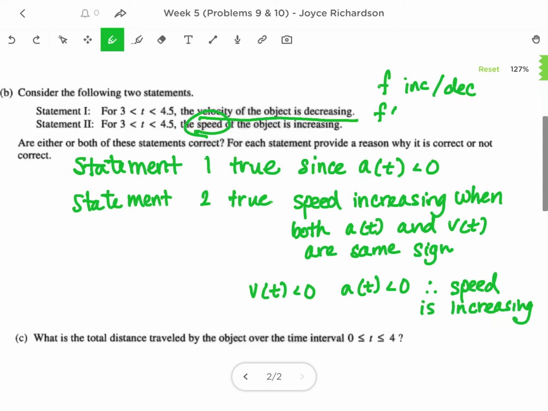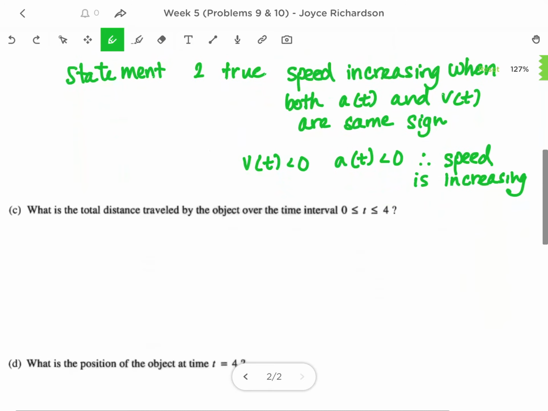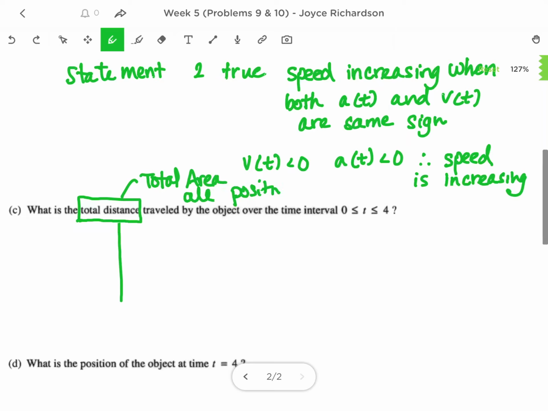Okay? Now, total distance traveled by this object. If you graphed this, that's great. But whatever that graph looks like, total distance means total area, all positive.